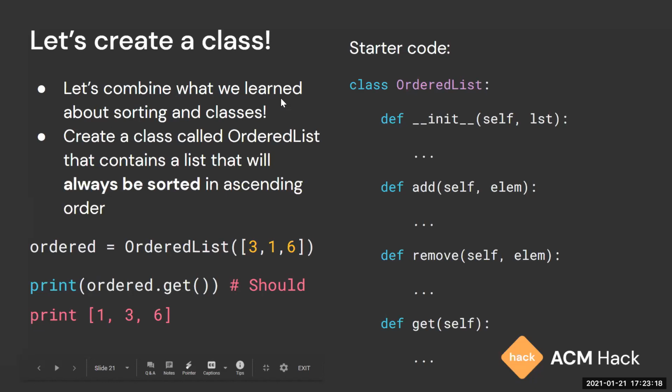What it does is take the parameter list and assign it to the list property of whichever instance called the order list init method. Also, because it's an order list, we want to sort the list in ascending order before we potentially use it for anything and we return the values. So in the constructor itself, we will need to sort.